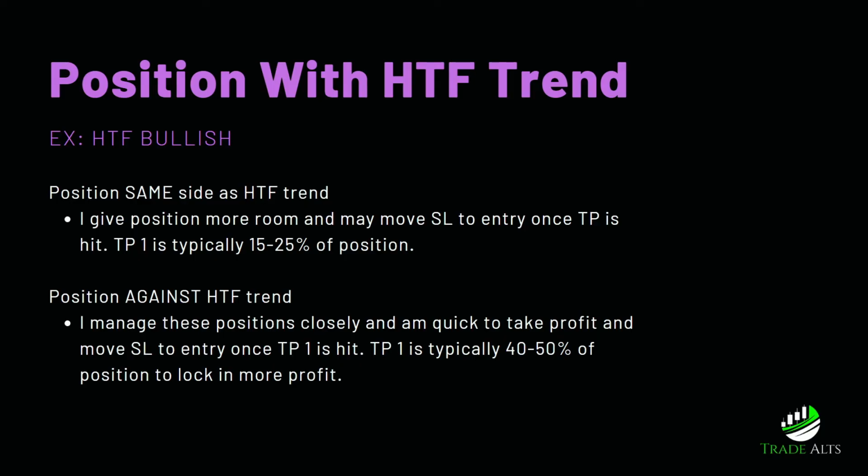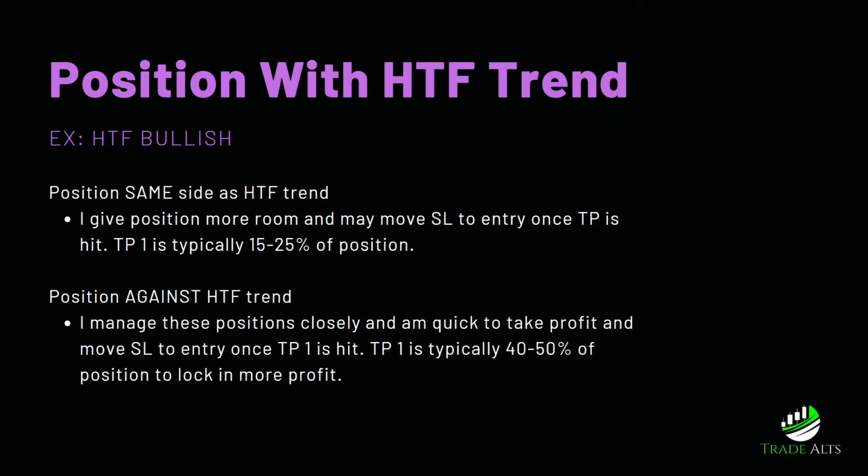The point being though, is that if you're going against the trend, you hit take profit one, move your stop loss to entry, and you've locked in that profit. Whatever percentage you made closing your trade at take profit one, you move your invalidation up to your entry, and you're guaranteeing yourself that win. And I think when you're trading against a trend, that's not an unwise thing to do, from my experience.